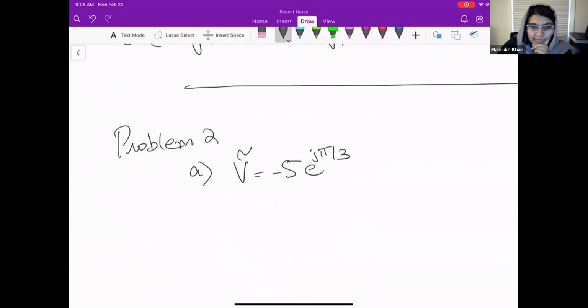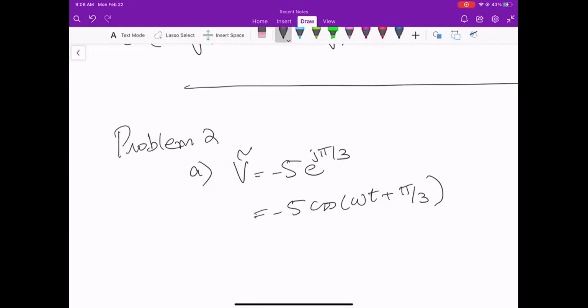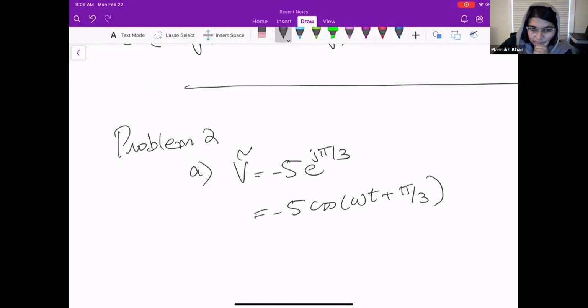We want to write it in terms of a time domain function, right? So we can do this. Is it fine? So that's the answer.